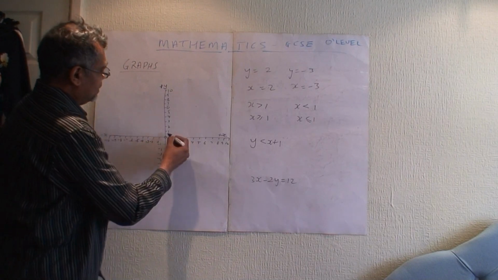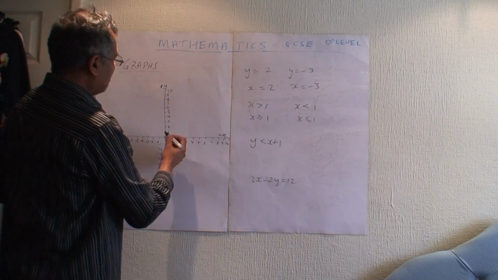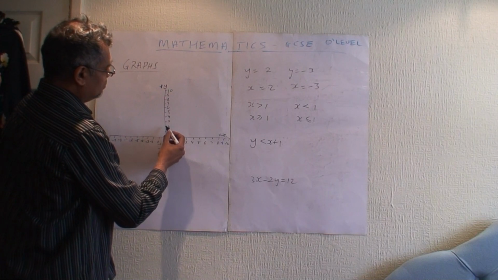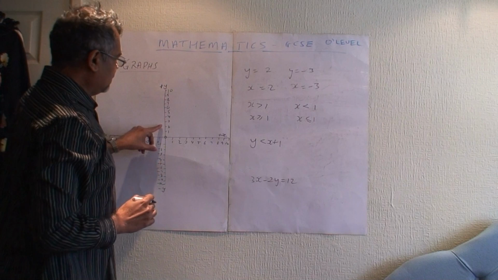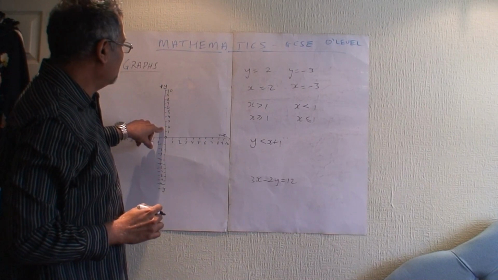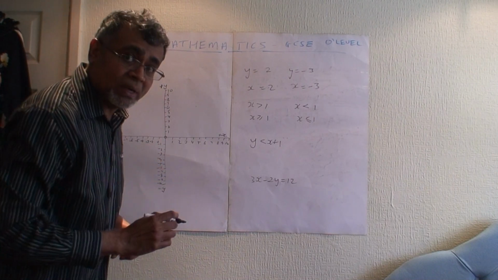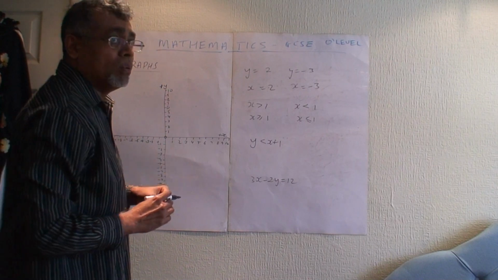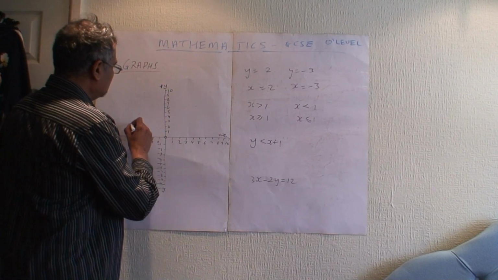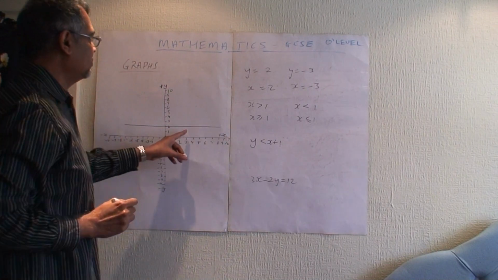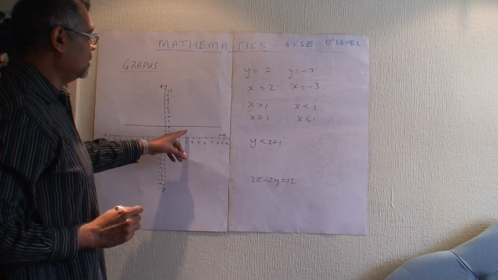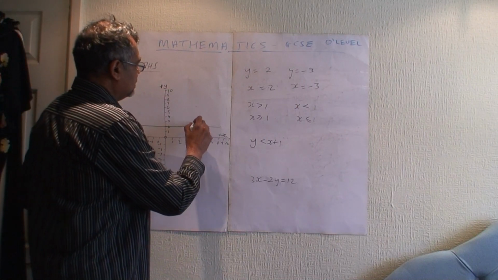Well, this is the y-axis here on the positive side. That's positive 2. That's 1 and that's 2. So 2 is right here. So we draw a line across the y-axis at 2, like that. So the equation of this line is y is equal to 2.